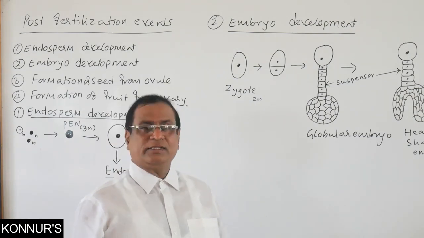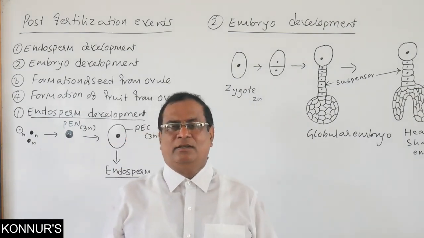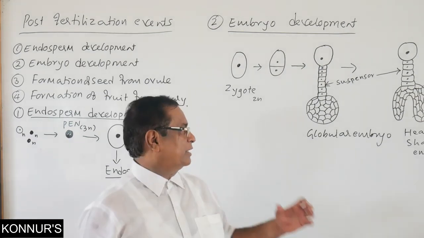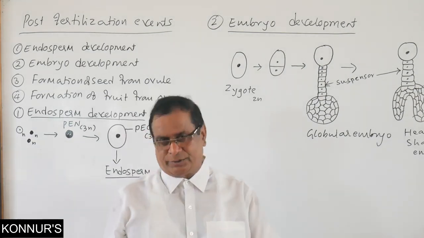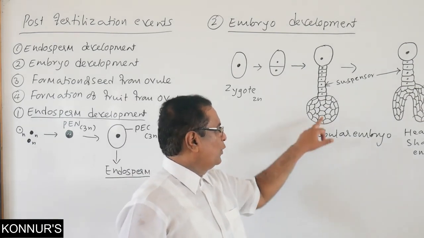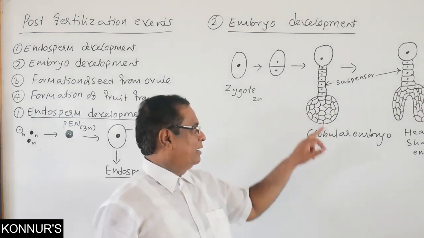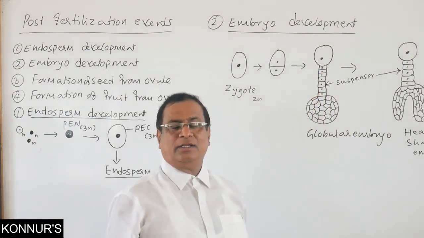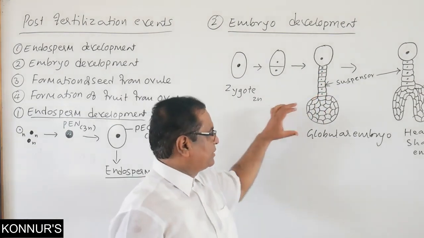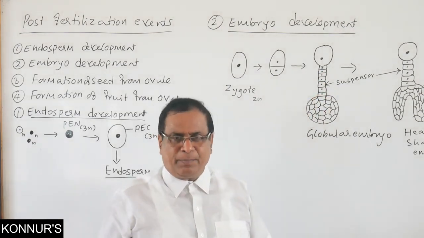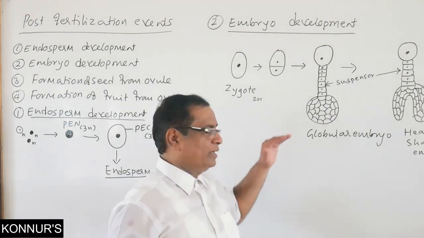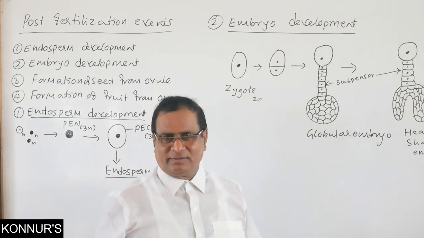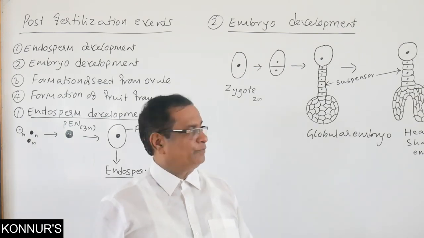And once a ball of cells is formed, that embryo looks globose, that is a globular embryo, and the suspensor pushes that embryo deep into the endosperm to get the food for growing cells, for multiplication.